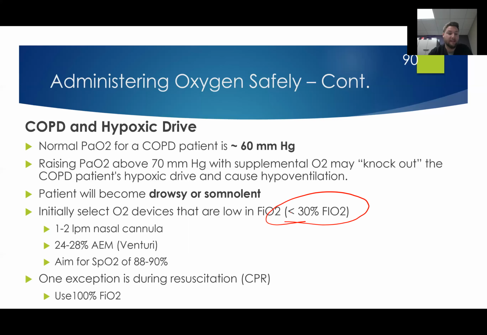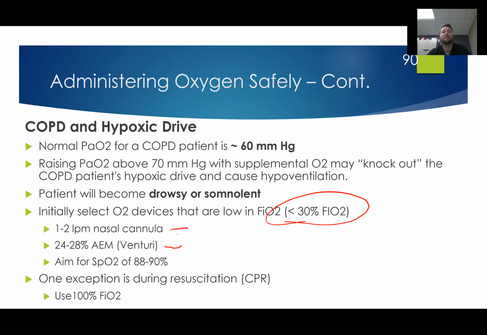If that's a 1 or 2 liter nasal cannula, or a Venturi at 24 to 28%, that's good, okay? When you're taking your boards, either nasal cannula or Venturi can be a right answer, but just look at which one is most appropriate, which one has a low amount of oxygen, below 30.